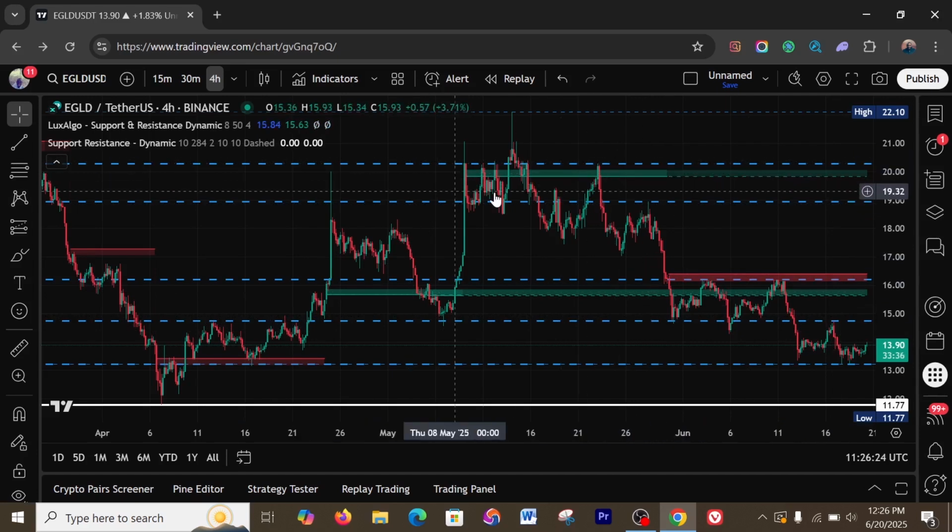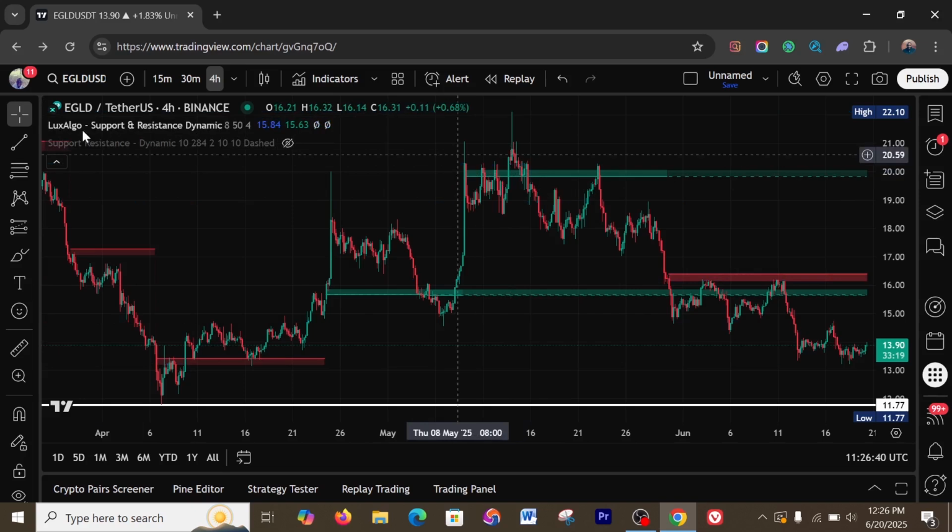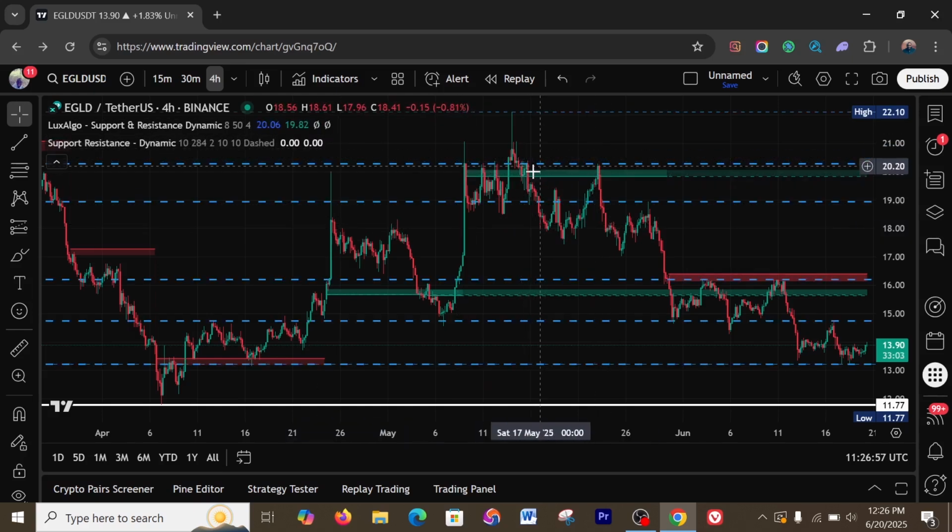This support and resistance indicator by LuxAlgo actually shows you the areas with strong support and resistance in a zone format. Let me just hide that so you could see it shows you areas that have the strongest support and resistance. You see it's a zone, so you could easily see it, while this one just shows you areas of support and resistance with these dashed lines.